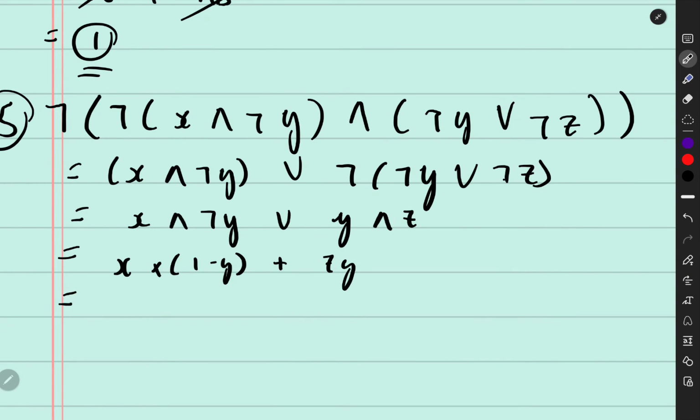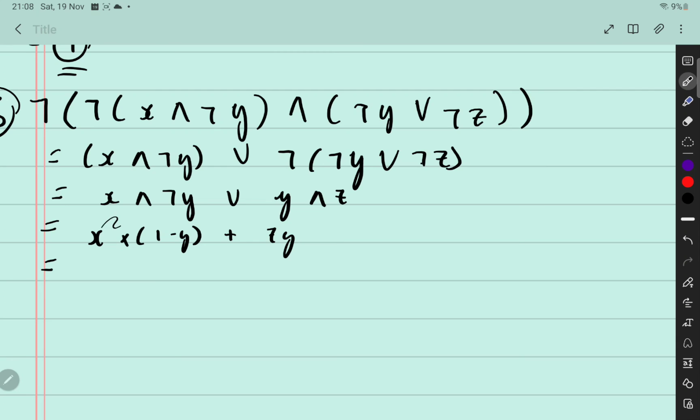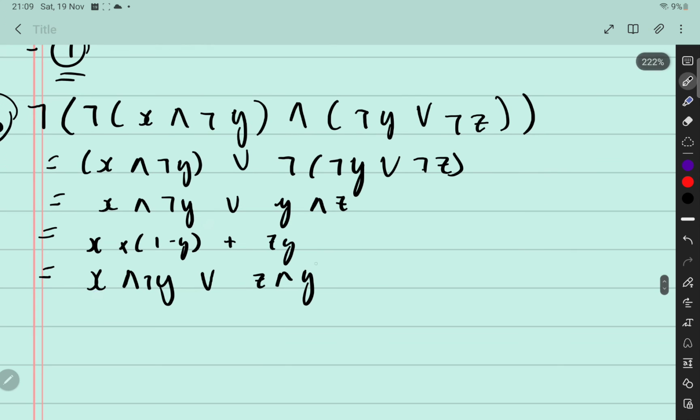And once we consider the actual expression, now when we try to simplify this, we won't be able to. So that means that this is in its simplest form. So in reality, the answer is x and not y, or z and y, which is the final expression.